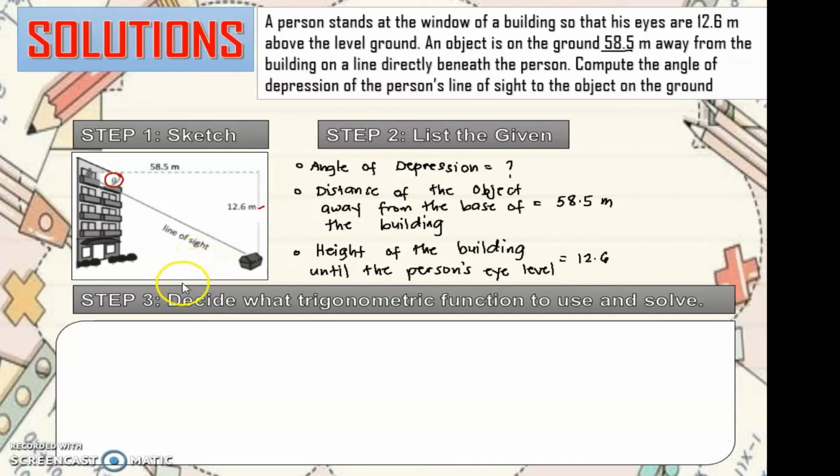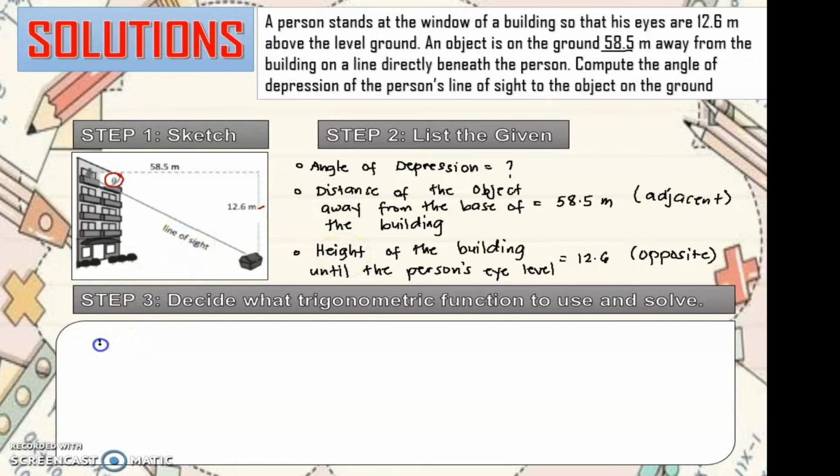So the given on the problem is the opposite and the adjacent side. So, which trigonometric ratio involves the opposite and the adjacent side? And that is no other than the tangent. So we're going to use the tangent ratio in solving this problem.